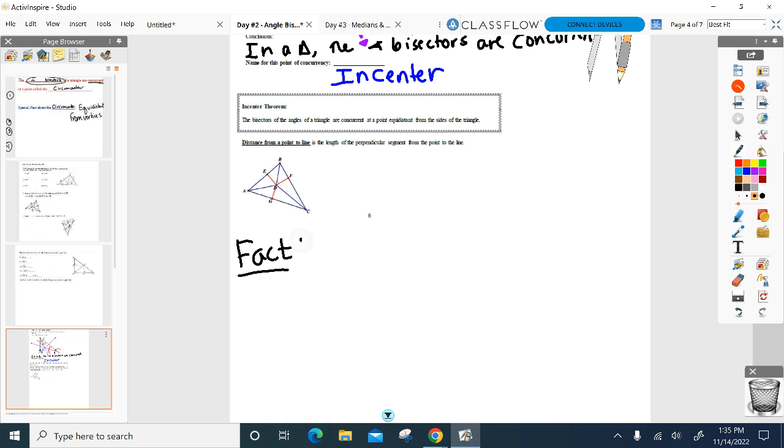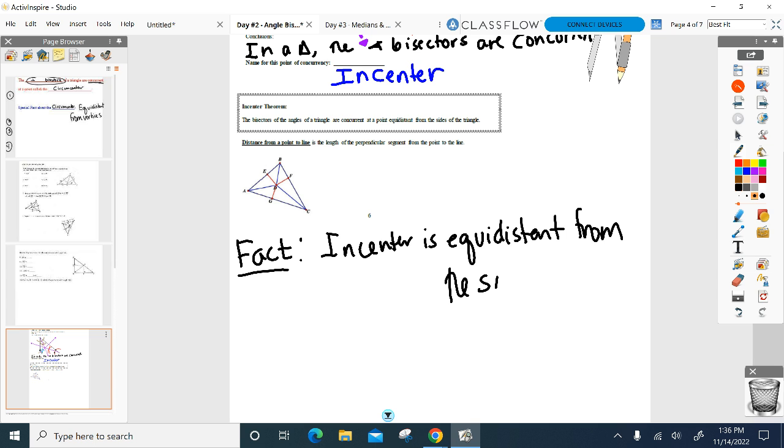The fact: the incenter is equidistant from the sides. Not the vertices. That was the circumcenter on Thursday. Not the vertices, but from the sides of the triangle.